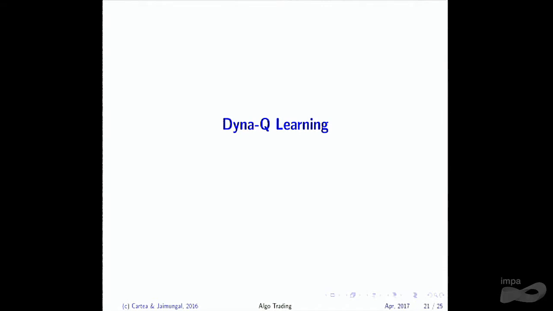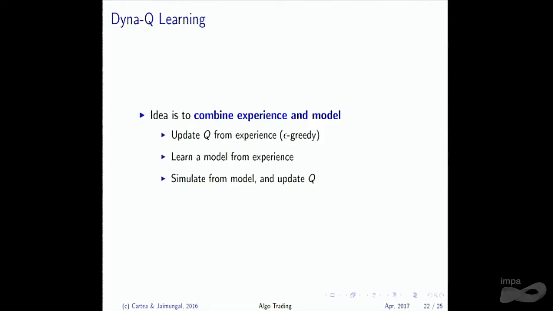Okay, there's one more variant of Q-learning that I think is important to mention. This is something called Dyna-Q. Dyna-Q stands for dynamic Q-learning, right? The idea here is that you simultaneously have a loose sense of a model. Now, a model in this context doesn't mean some stochastic process or anything like that we're used to in financial math.